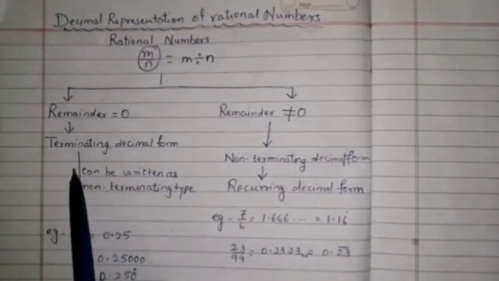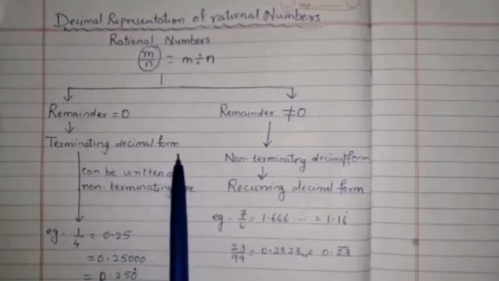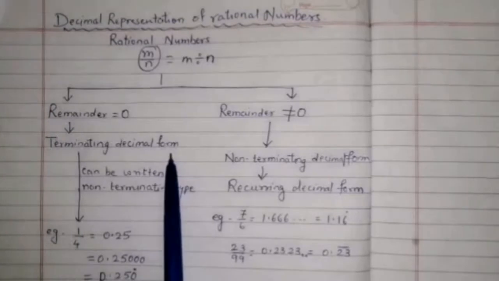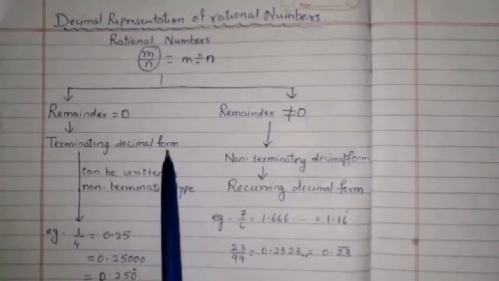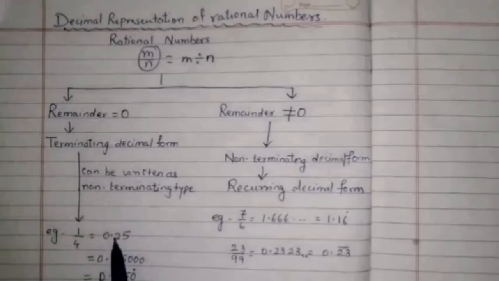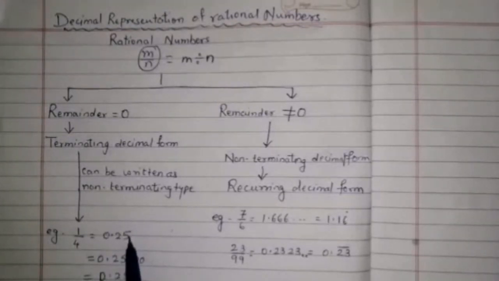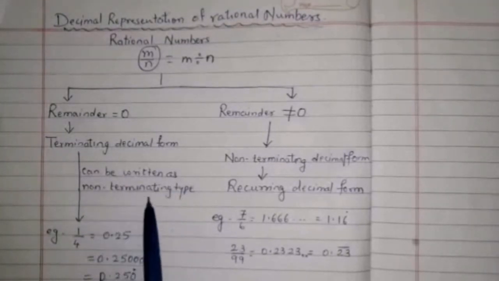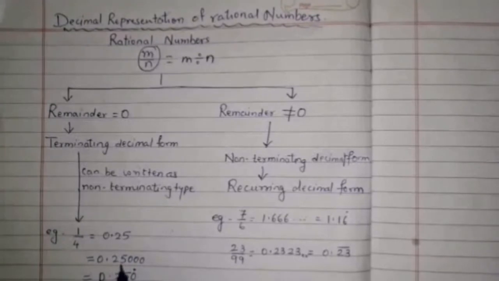Now come back to the terminating decimal form. Terminating means in the end of the division, the remainder is 0. Example, you see 1 upon 4. If we divide 1 by 4, the quotient is 0.25. So here it ends, division gets over. But this also can be written as non-terminating type. How? After 5, the remainder is 0.